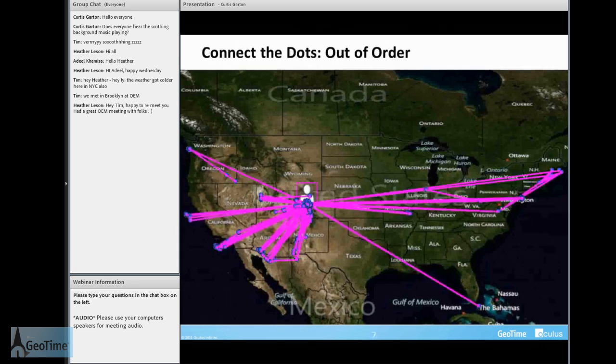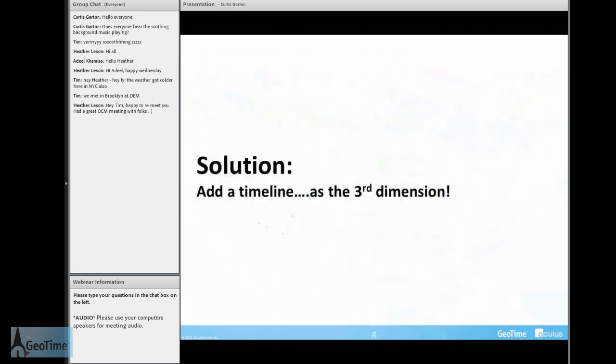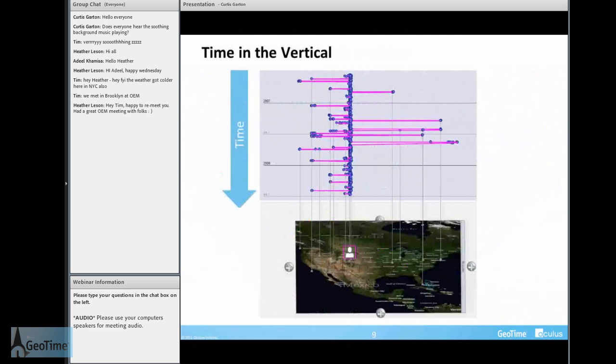What if we connected the dots together? Well, now we have a path where we can see how the dots are connected, but it still doesn't really give us movement. It just shows us more order in a very difficult to see fashion. So we came up with this idea of adding a timeline to the map, and this really allowed us to look at movement over time.